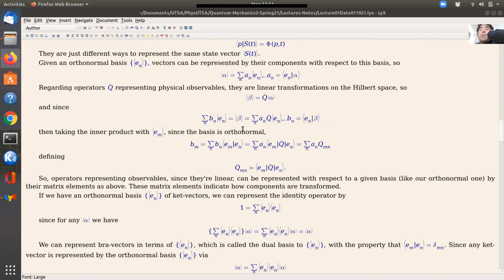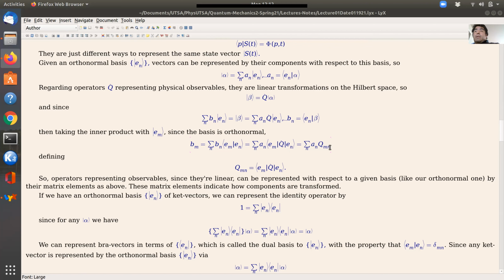So the way to know the form of these coefficients is basically, let's say I take inner product with EM, okay? And the basis is orthonormal by assumption. So you'll have this. So let's say that you start over here. You take inner product with EM over here. So that will give you only the coefficient BM on this side. Then you're using this formula and you're taking inner product of EM with Q applied to EN.